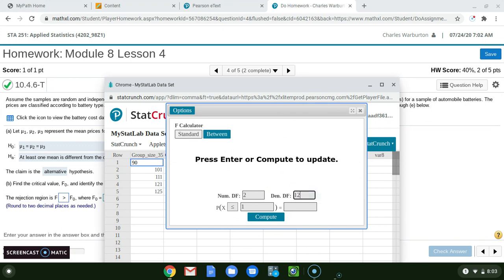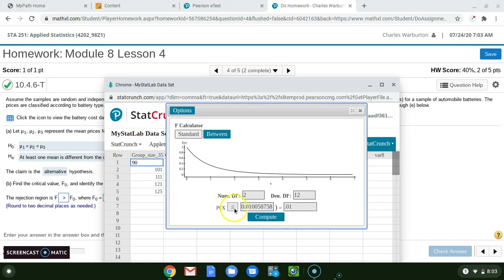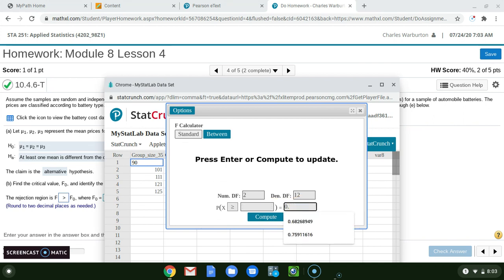Again, 3 groups minus 1 is 2, and 15 batteries sampled minus 3 groups is 12. And we want 1% in our tail to the right.